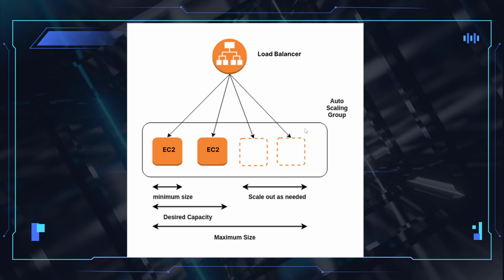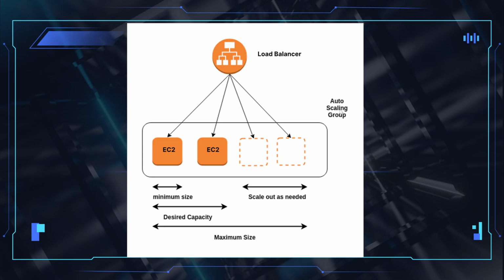Now let's see how it decreases. Let's say your traffic rose suddenly and now the traffic has decreased, so there are no users. Keeping these instances running is of no use because it is costly and you need to pay for it. So now you want to terminate those unused servers.